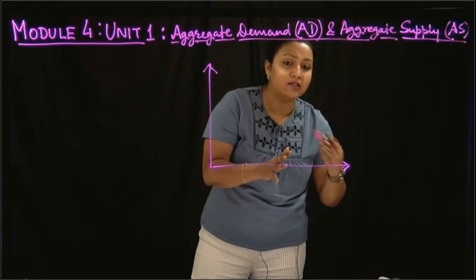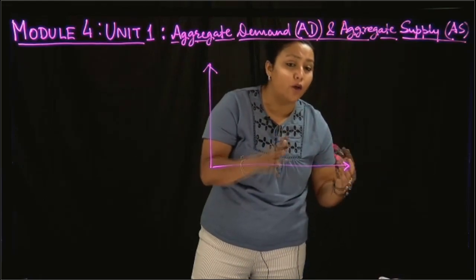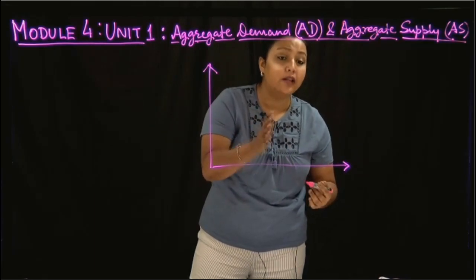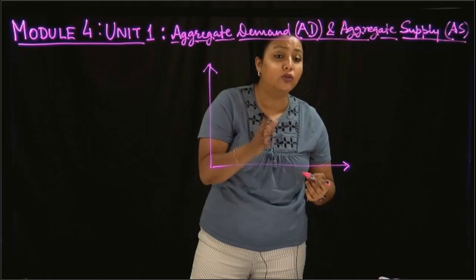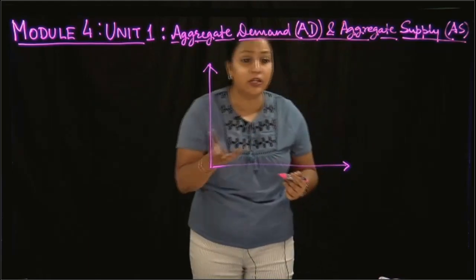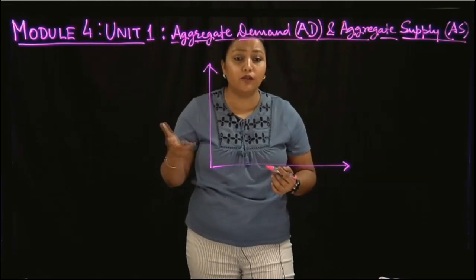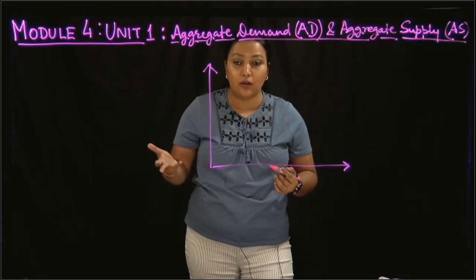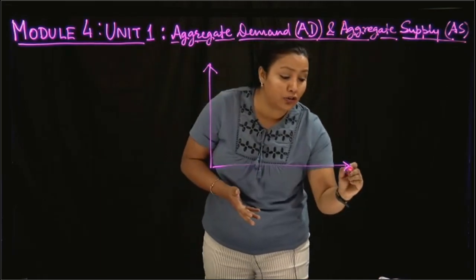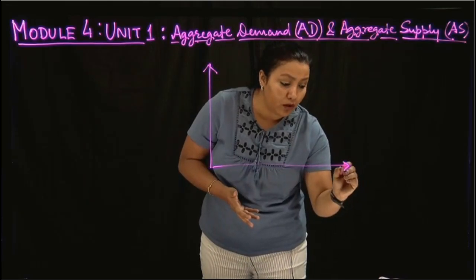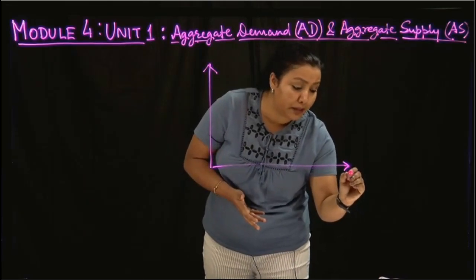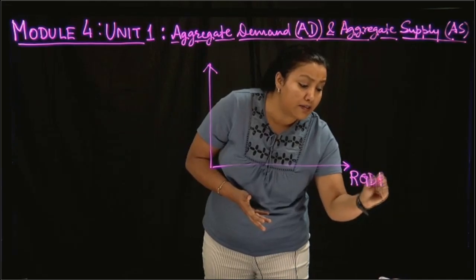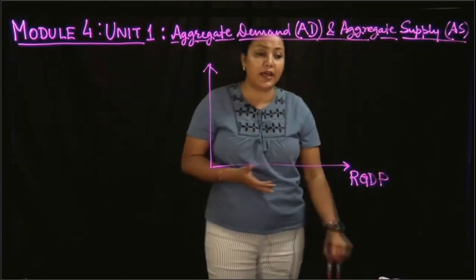Every time I say the total volume of all final goods and services, it should ring a bell that we are talking about the GDP, because the GDP is defined as the total volume of all goods and services produced in an economy.